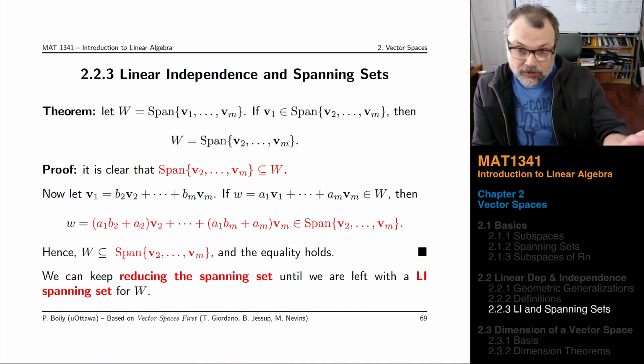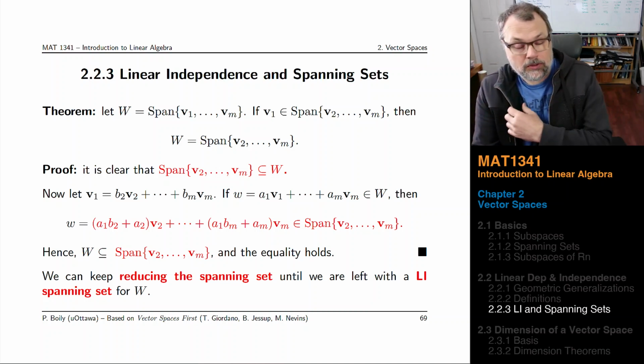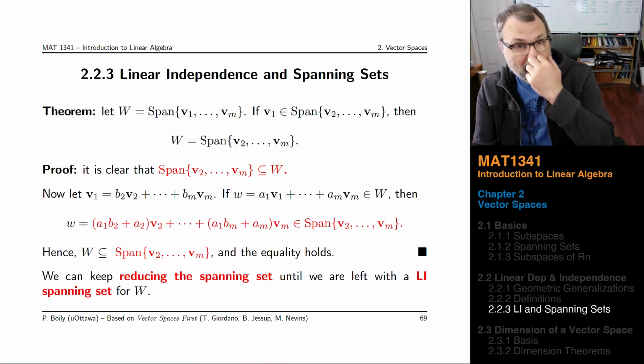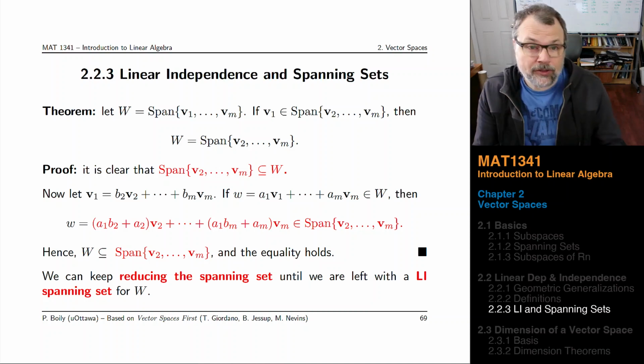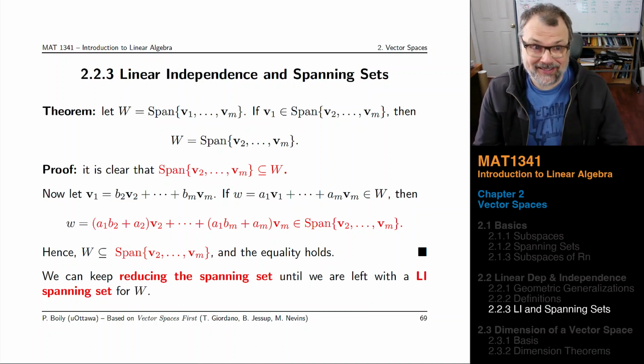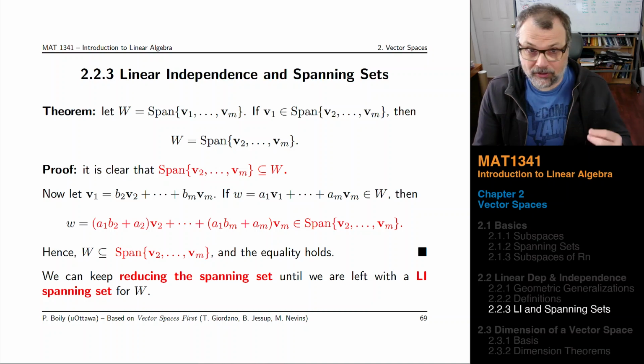I haven't yet defined what the dimension of a space is, and this is something we'll come back to in a future section. But there is a link between linear independence and spanning sets. Let's say you have a subspace W, which is spanned by m vectors.